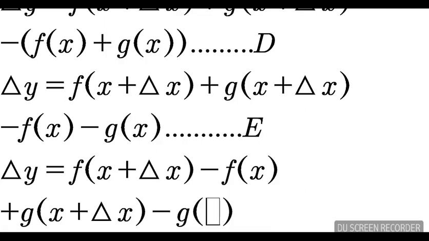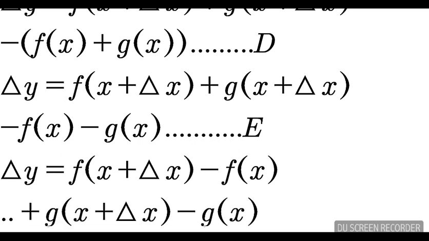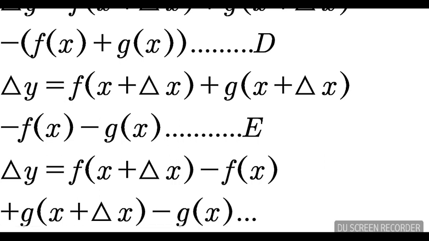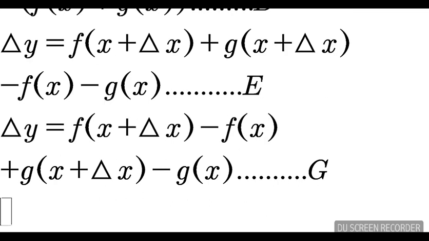So delta y equals f of x plus delta x minus f of x plus g of x plus delta x minus g of x. Let's call this our equation G.